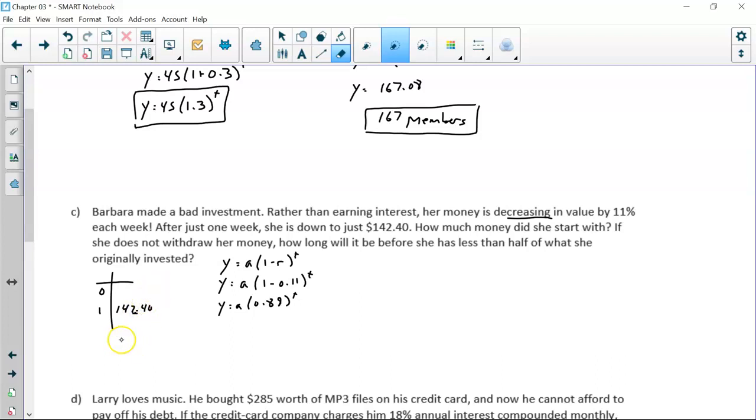So what we can do is 142.4 divided by 0.89, that would give us our initial of 160. By dividing by that multiplier, we're going backwards. So our model, Y equals 160 times 0.89 to the T.